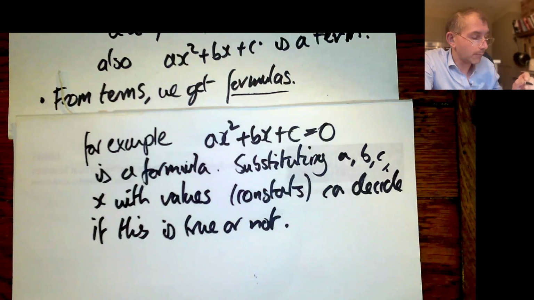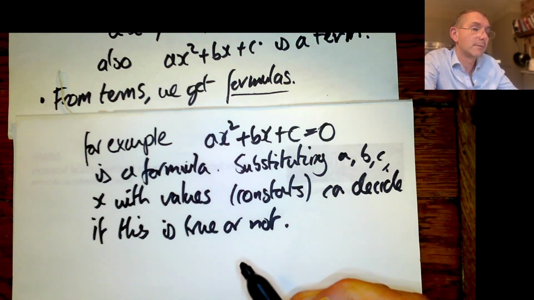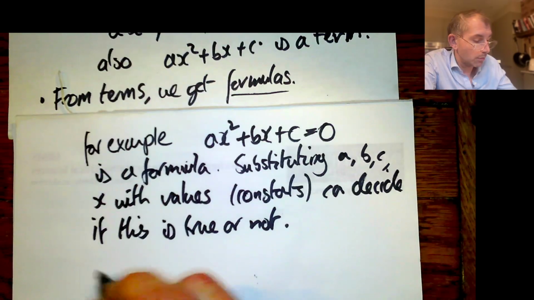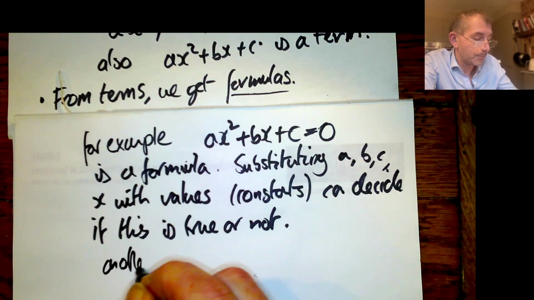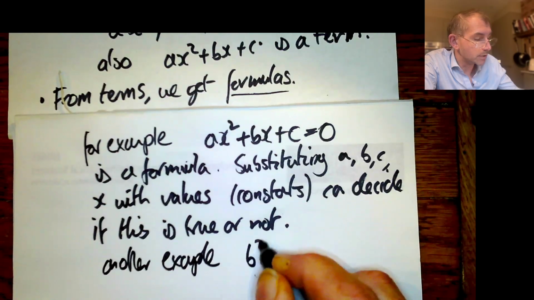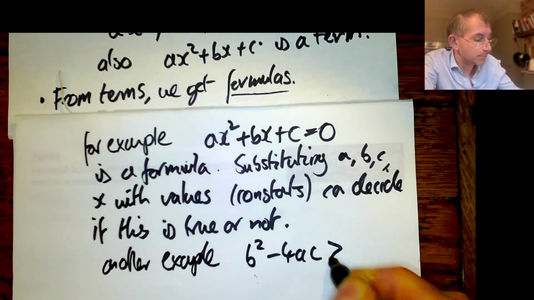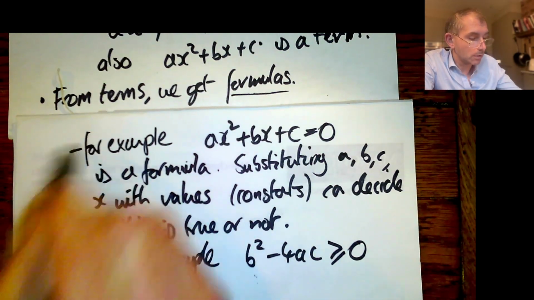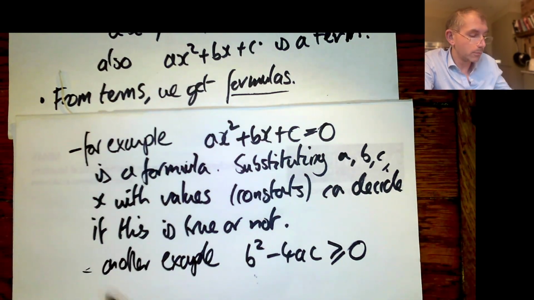So even in the above expression, we do have a different type of relation. So another example is b squared minus 4ac is bigger than or equal to 0. So those are two examples of formulae. When you plug numbers into it, you can decide whether it's true or false.